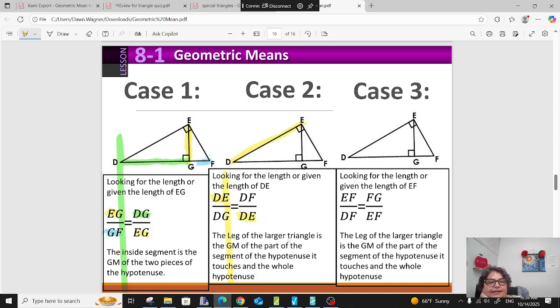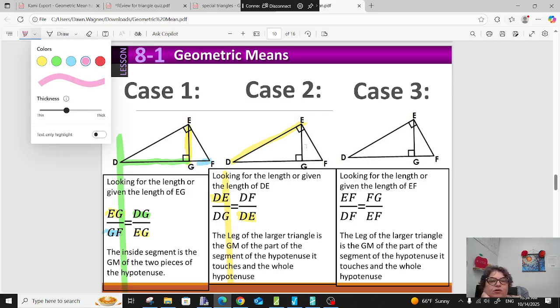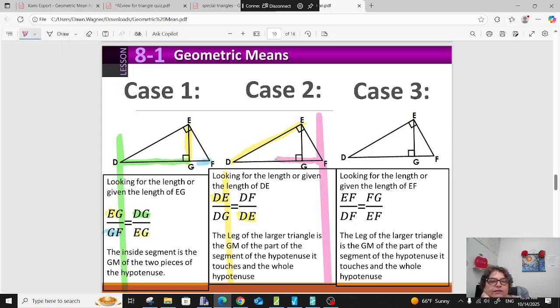Okay. Now, what letter is DF? What is that? It's the whole hypotenuse. It's this whole thing right here. I wish it wouldn't do those lines on me. That's DF. That is the whole hypotenuse.